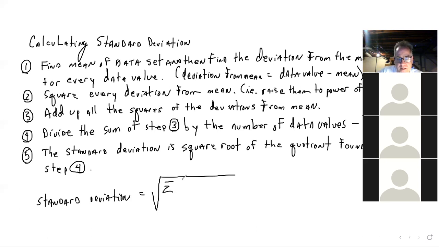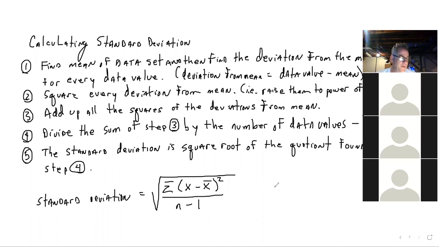Well, what was I adding up? It was the data value minus the mean. I represented mean with that X bar, and then I squared every one of them. Then this indicates add them all up, then divide by the number of data values, which would be n minus 1. So that's officially the formula that you would find in any statistical book for standard deviation.